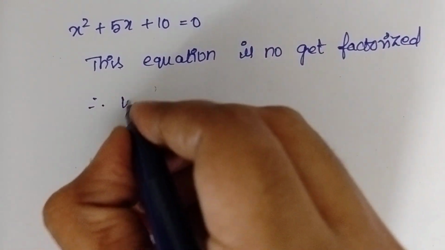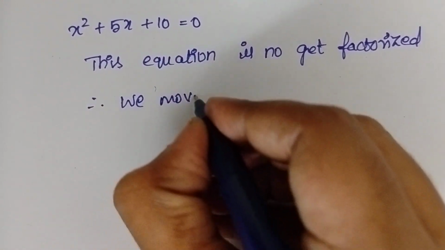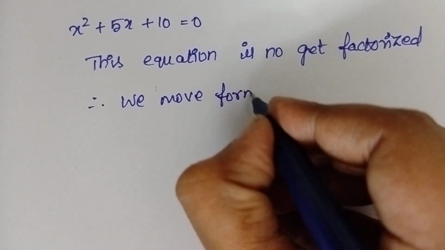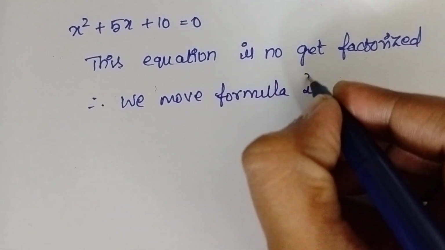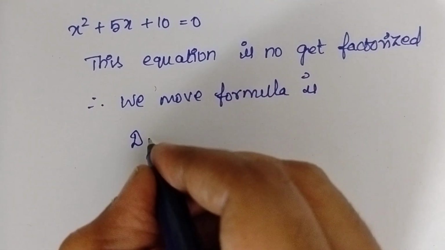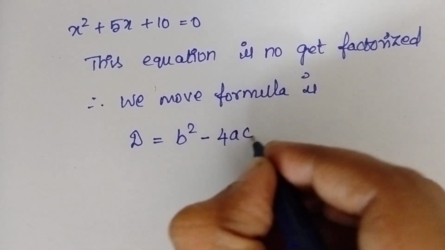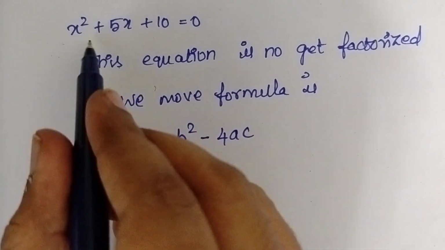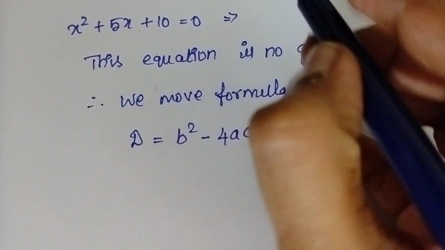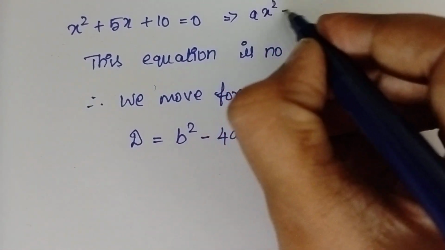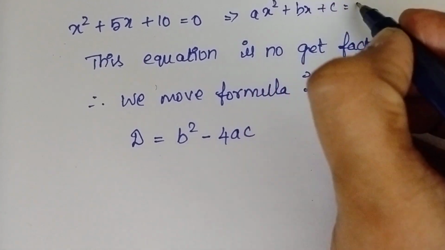Therefore, we move to the formula, D is equal to b square minus 4ac. This is in the format of a quadratic equation, right? That is ax square plus bx plus c is equal to 0.